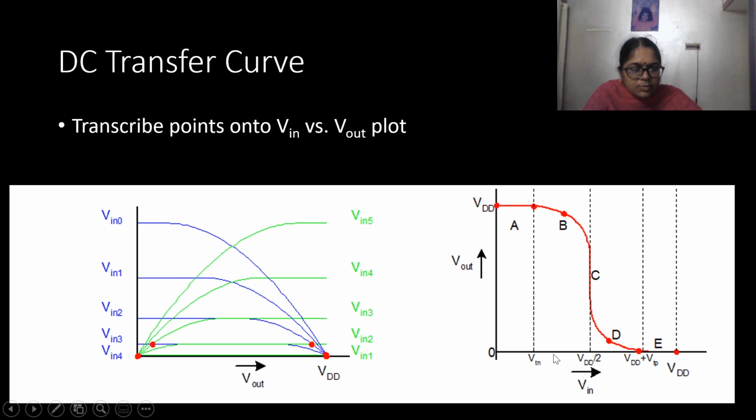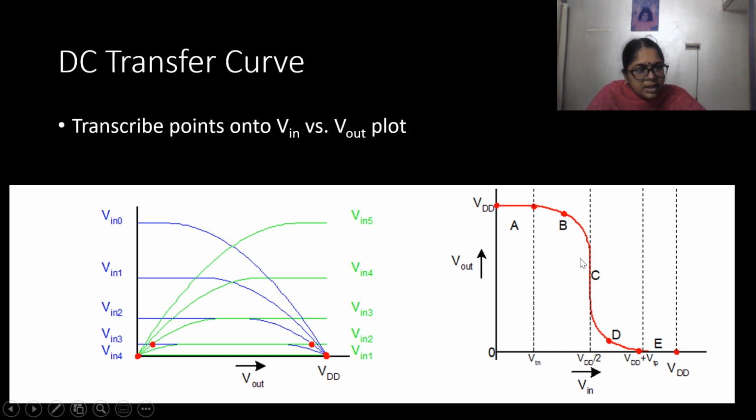Now, as the input voltage increases, the output voltage is gradually decreasing, and when the input voltage becomes VDD, the output voltage becomes 0. Because at this particular point, nMOS transistor is on, pMOS transistor is off, and the output load capacitance would discharge to logic 0.